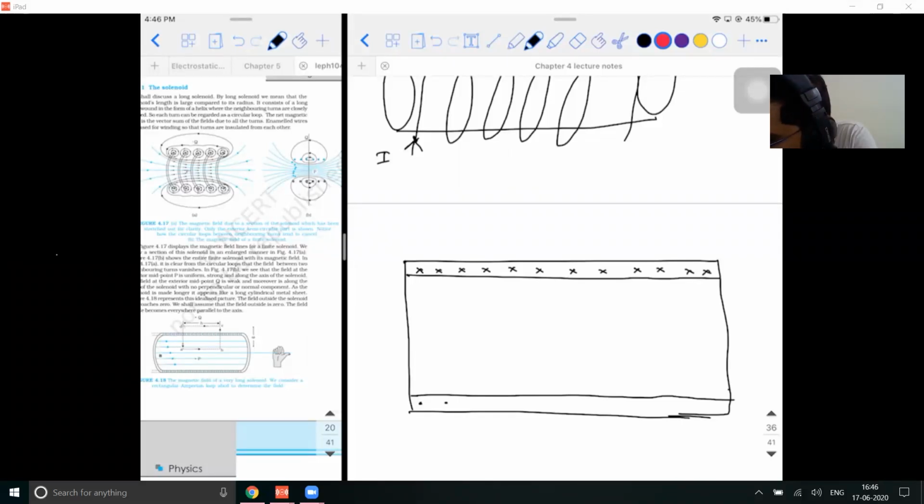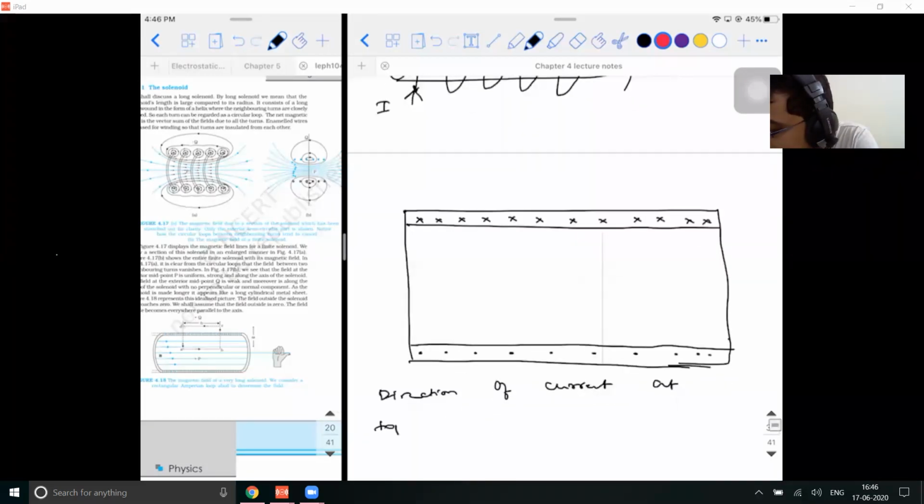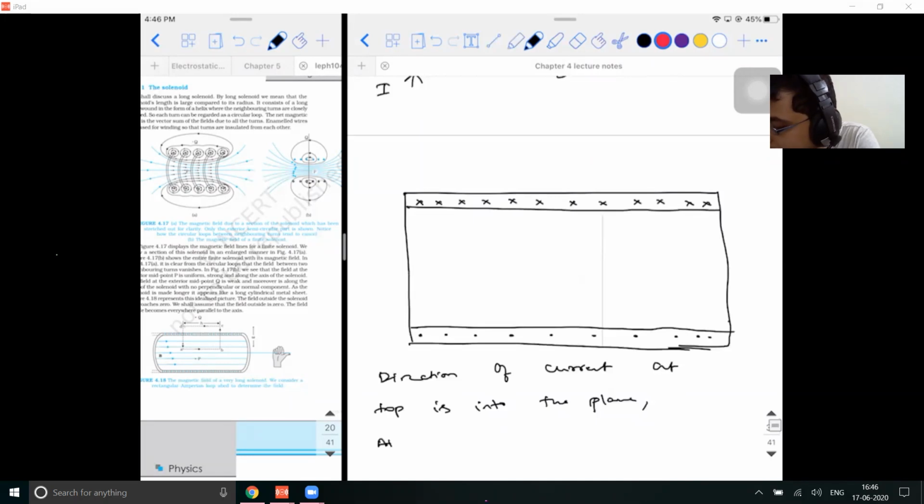So this into mark or dot can be used for both. Okay, I'm using it like this. So these represent the direction of current. So direction of current at top is into the plane. At the bottom is out of the plane.